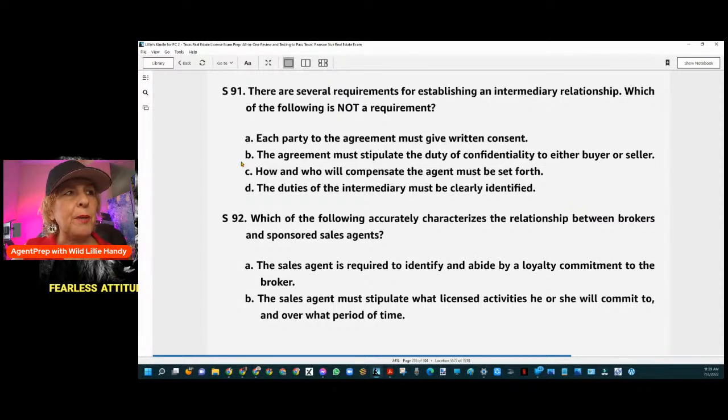The answer here is B. The agreement must stipulate the duty of confidentiality to either buyer or seller. Well, the buyer agent is confidential to the buyer, the seller agent confidential to the seller, and the intermediary keeps both sides' confidentiality. So the answer here is 91B.